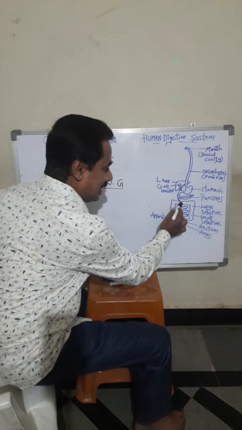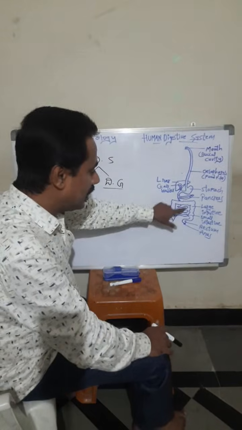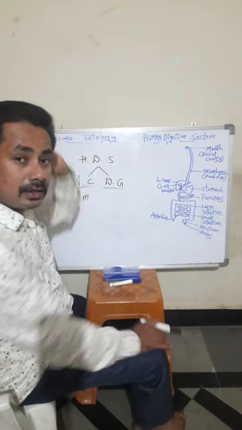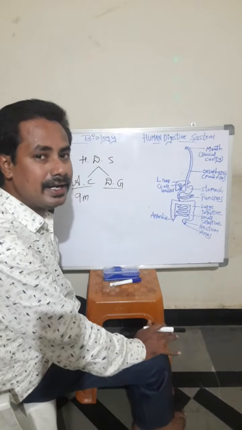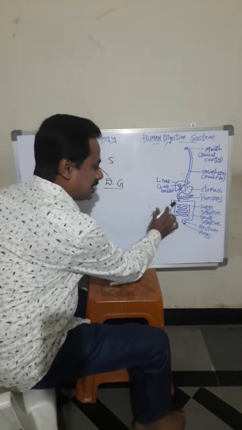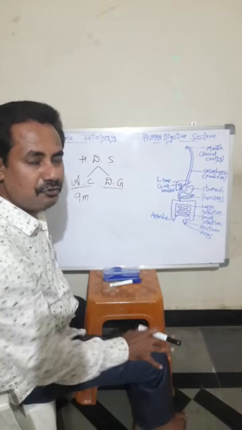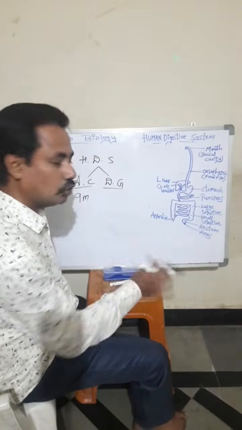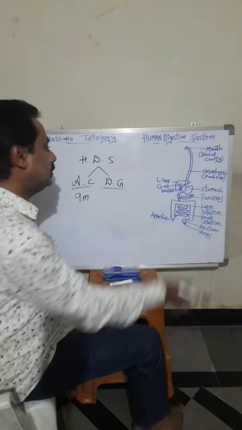The food is sent to the small intestine. In small intestine, the complete digestion takes place. Where does the complete digestion take place? Small intestine. Everybody remember this, it is very important. The waste material is sent to the large intestine, and in the rectum the waste is temporarily stored, students, and through the anus the waste material is sent out.